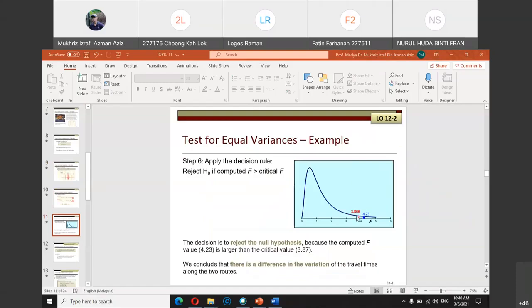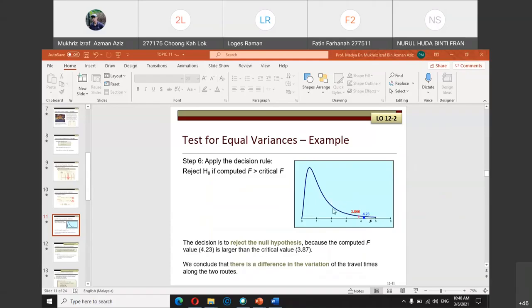But whenever you are doing ANOVA, the area under the curve must not be normally symmetrical. It must be positively skewed. The tail of the distribution must be skewed towards the right. The rest is the same.